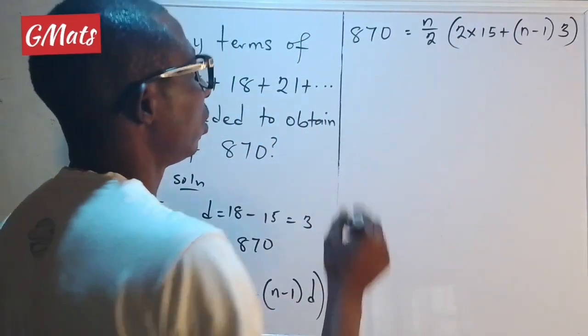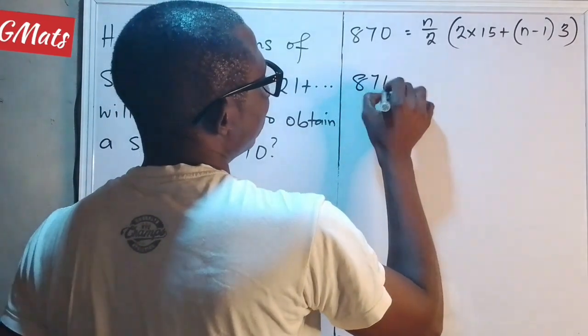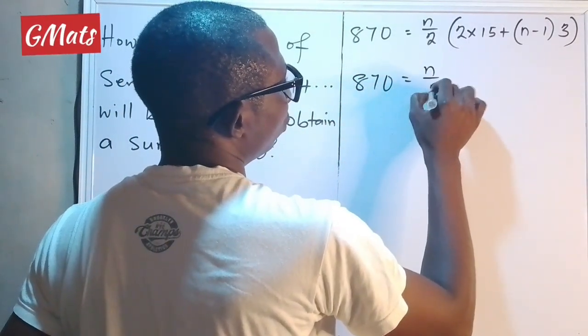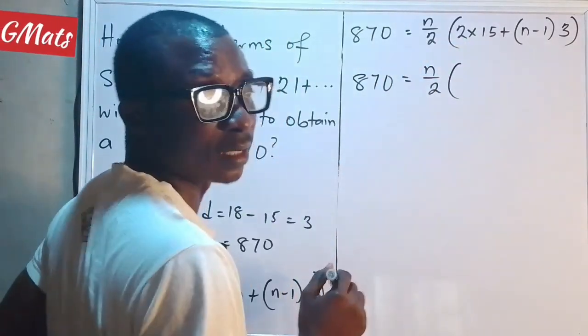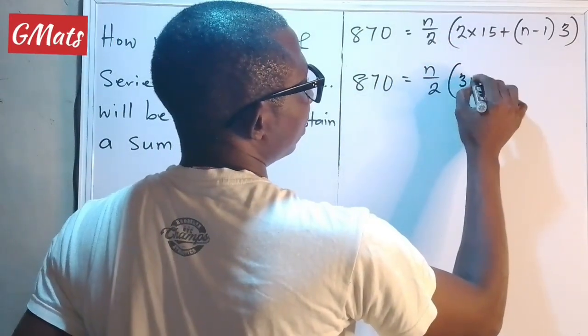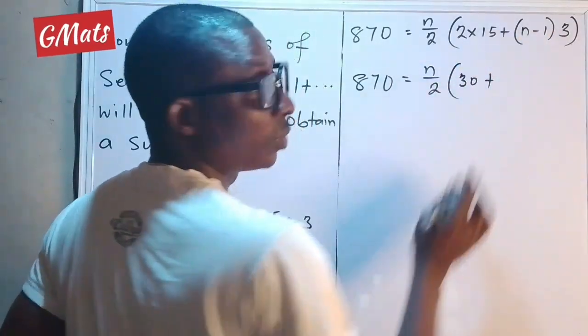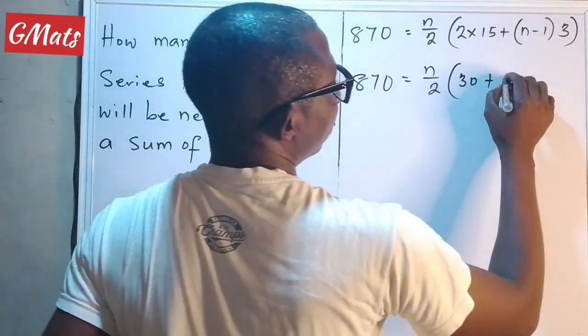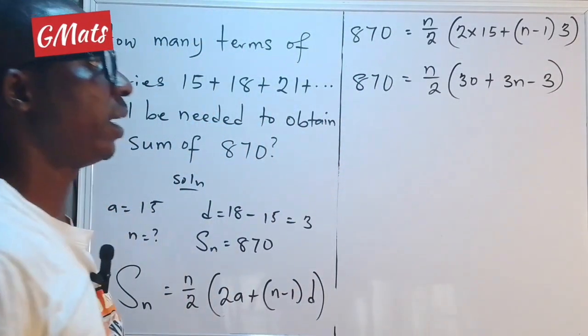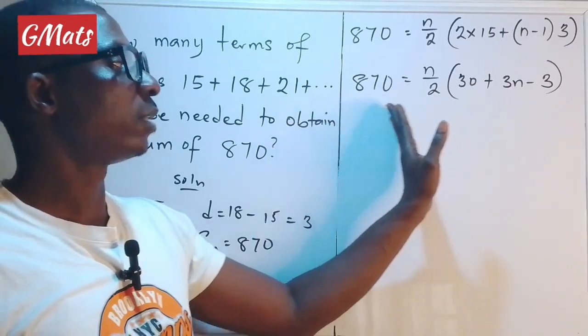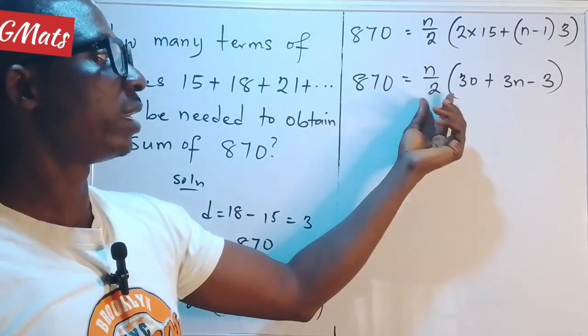All right, so we have 870 equals n over 2 times 2 times 15, that's 30, plus, now you can open the bracket here, we have 3n minus 3. Now here let us multiply through by 2 so that we clear this fraction.